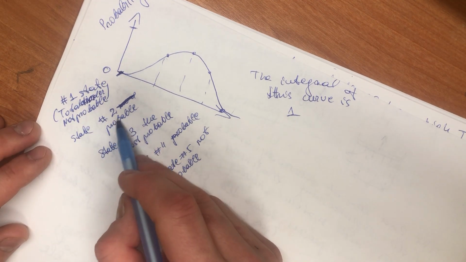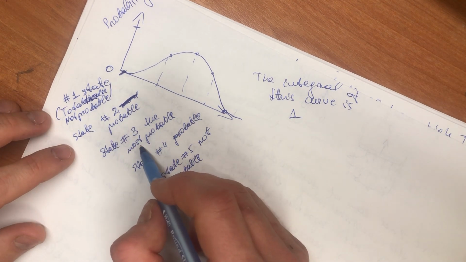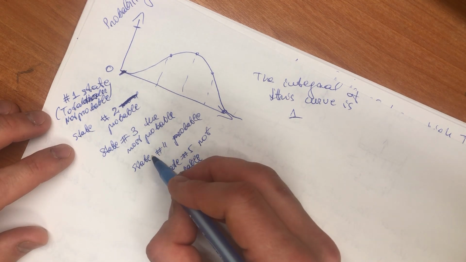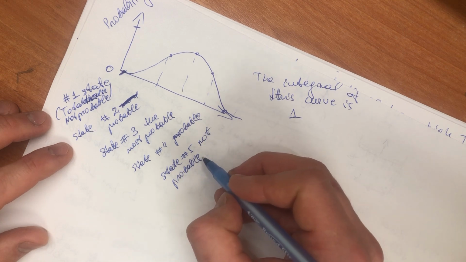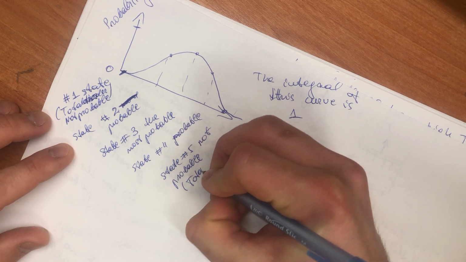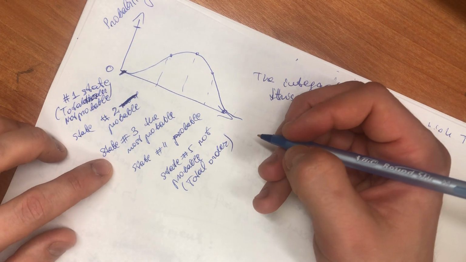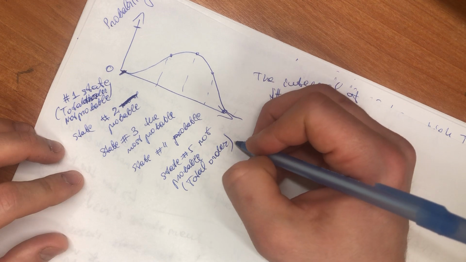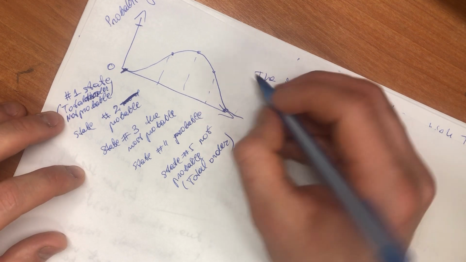This state is probable, with some degree of order. This is the most probable state, and this state is probable, some state of order. This state is not probable, and this would be total order. This would be total disorder.